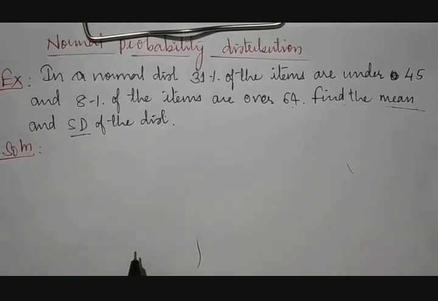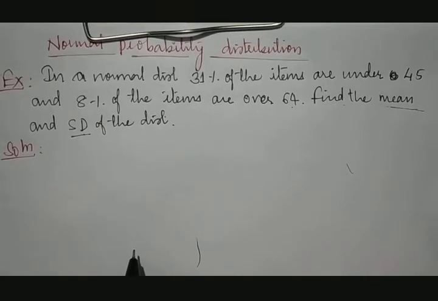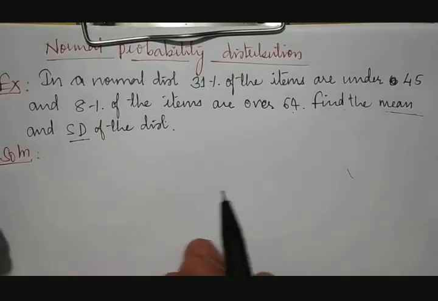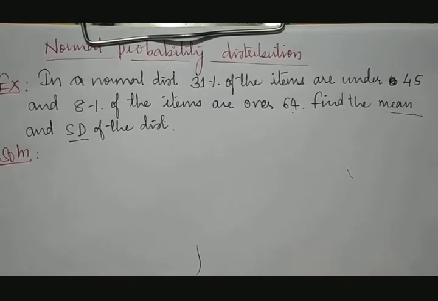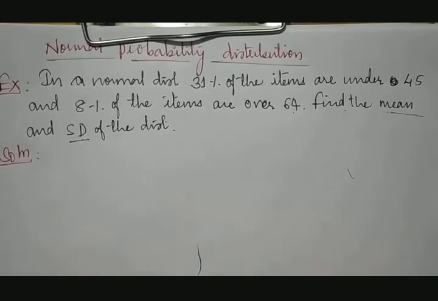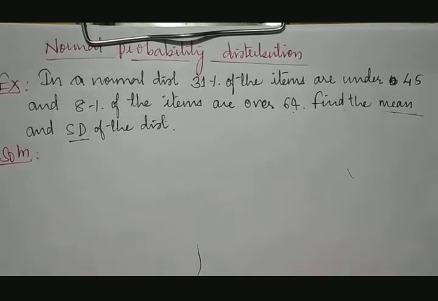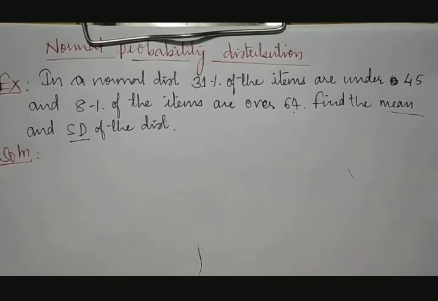Usually, if I want to connect this calculation with a test, for example, say we want to select students whose score is 45 and 64, correct?